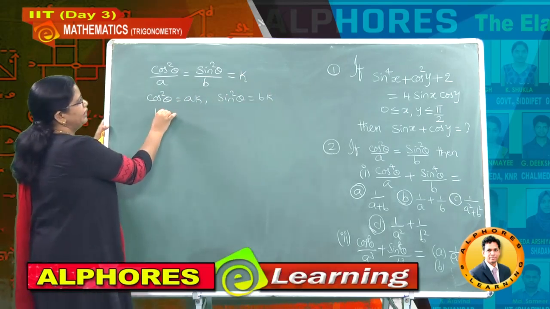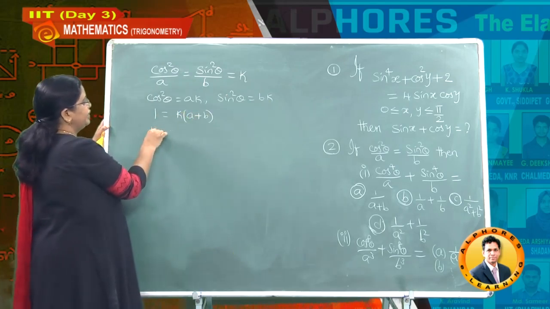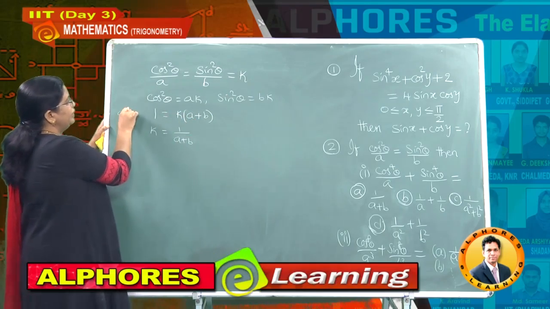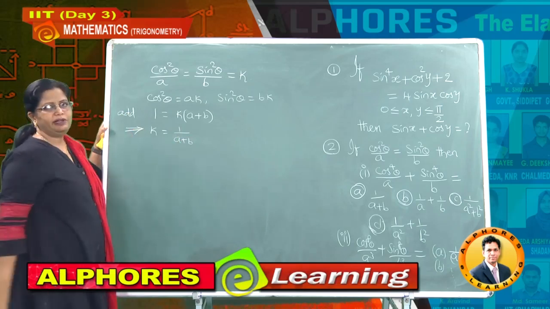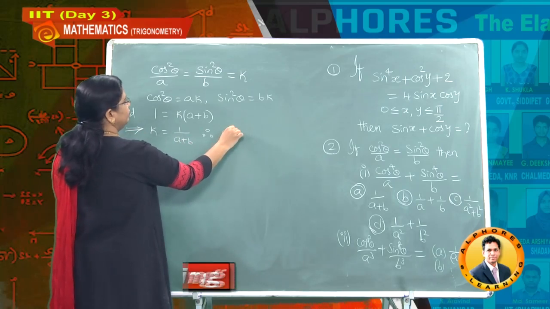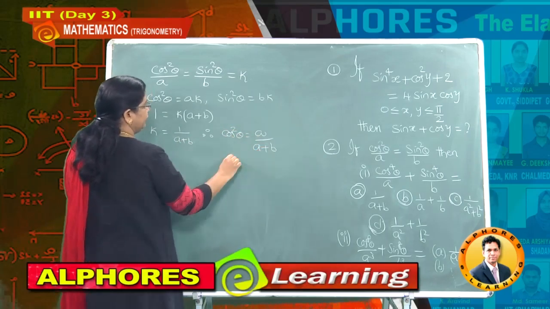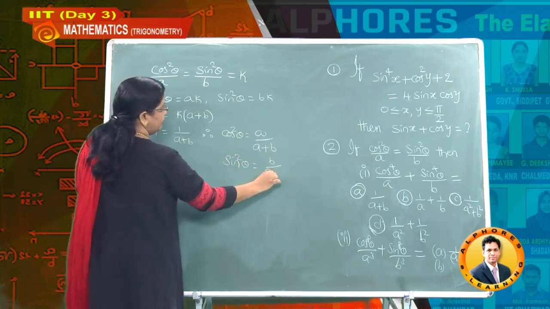If you add, 1 equal to k times A plus B, that implies k equal to 1 divided by A plus B after adding the two equations. And now you got k is 1 by A plus B, therefore you got cos square theta equal to A divided by A plus B, and sin square theta equal to B divided by A plus B.